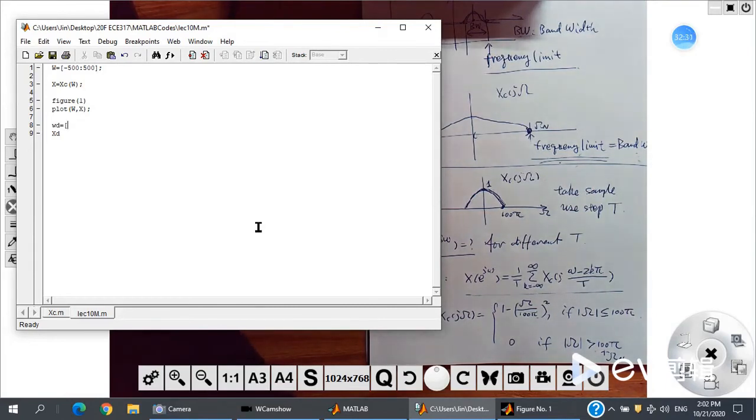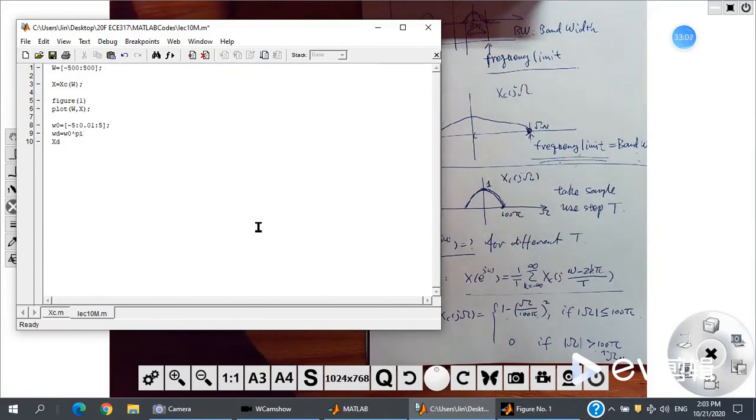So I can use, for example, from negative 5 with step 0.1 to positive 5. I use this as omega 0. And omega d is this one times pi. So omega d, the discrete one, is omega 0 times pi.